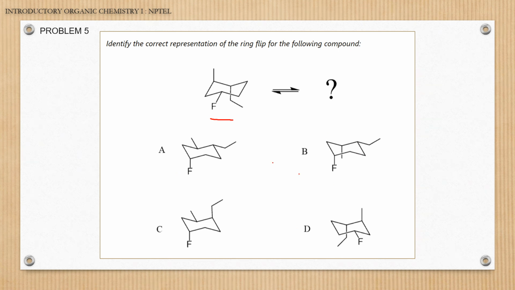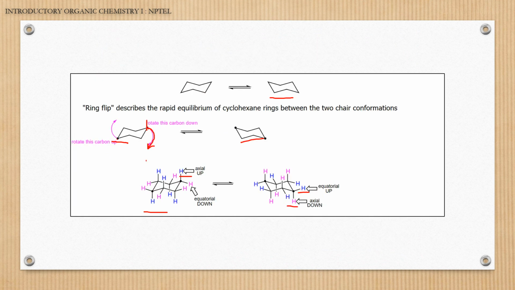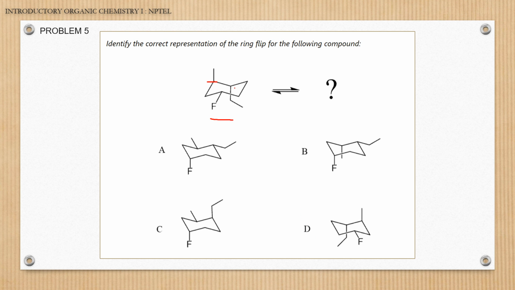So here, if this methyl is present at the axial position in this particular conformation, in the ring flip conformation it should be at the equatorial position, right? As we have seen here, after flipping, this axial hydrogen is going to this equatorial, and this equatorial hydrogen is going to this axial position. So ring flipping occurs, and these substituents will go from axial to equatorial.